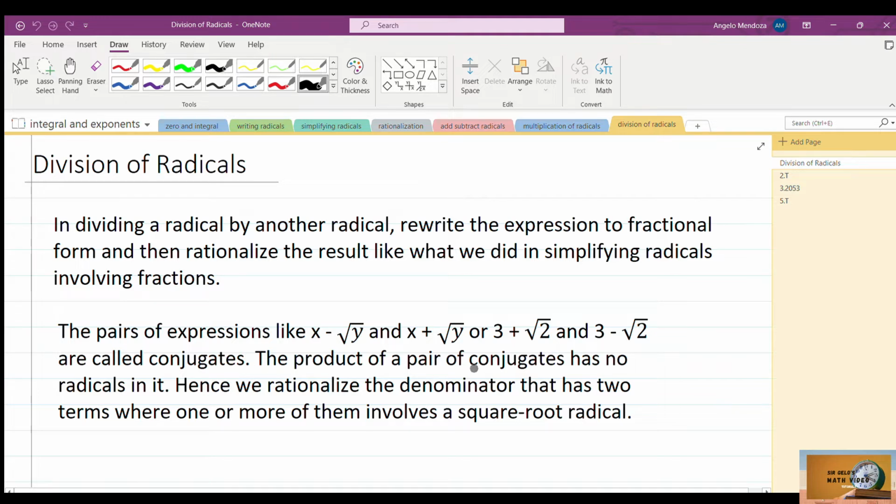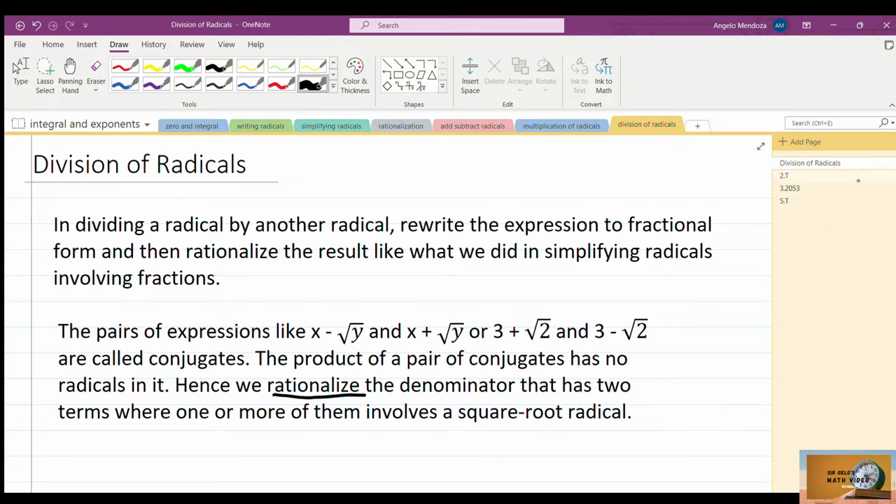The product of a pair of conjugates has no radicals in it, hence we use it to rationalize a denominator that has two terms where one or more of them involves a square root radical. So in division of radicals, we're going to utilize conjugates in order to eliminate radicals in the denominator.